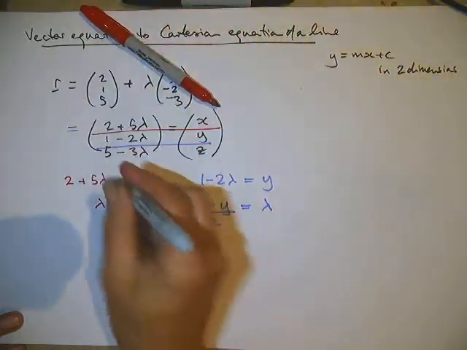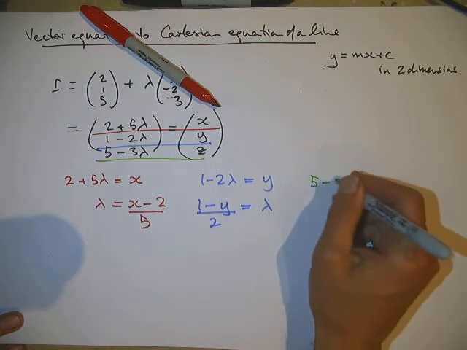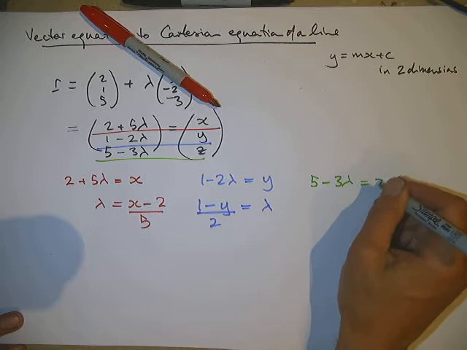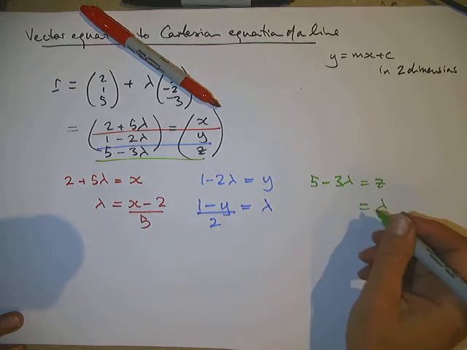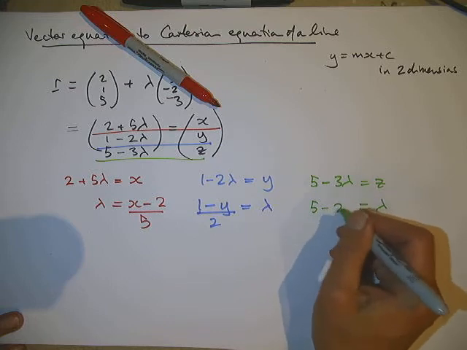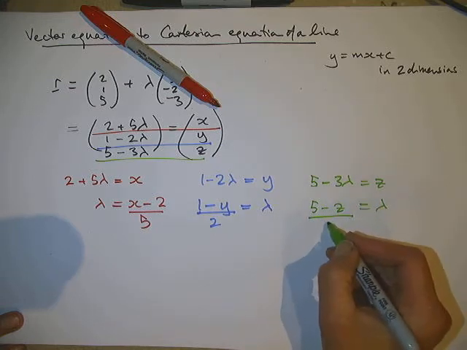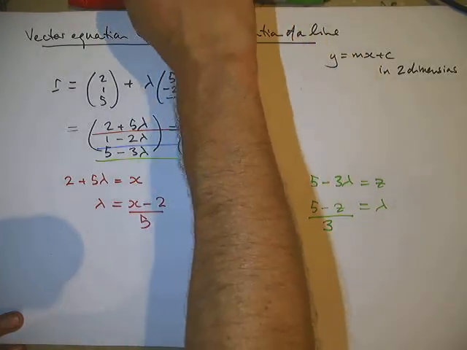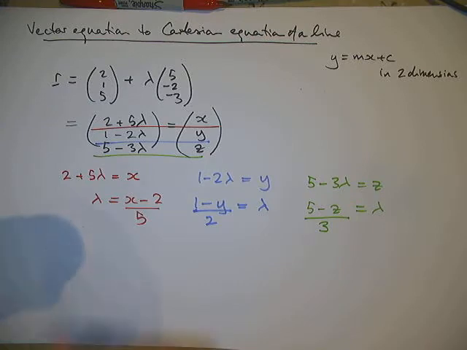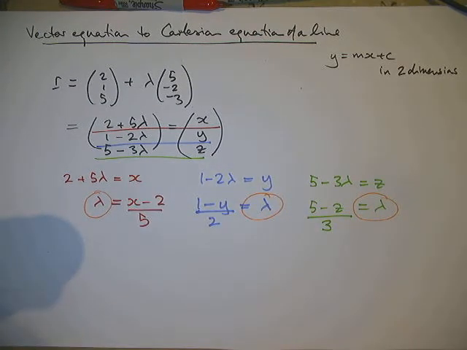And you might have guessed it now, I take z: 5 take 3 lambda equals z, and I get lambda equals 5 take z over 3. I've got lambda as the subject, lambda as the subject, lambda as the subject.